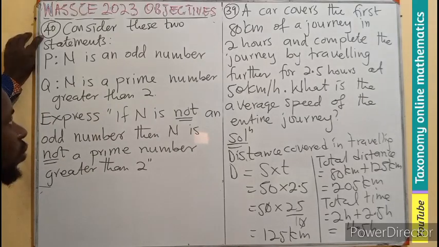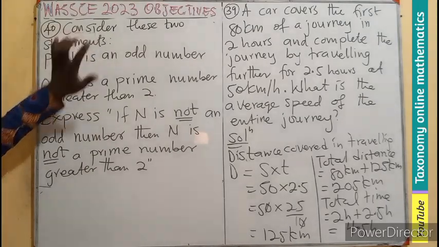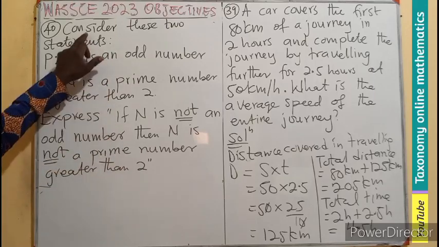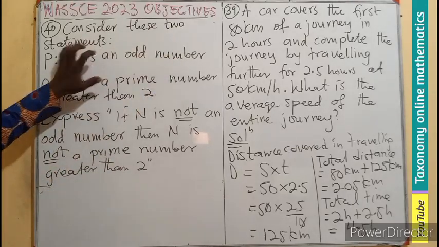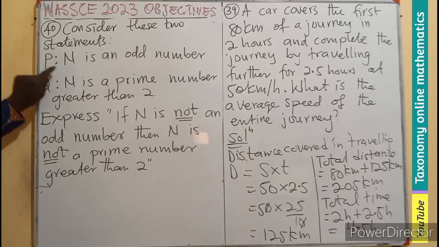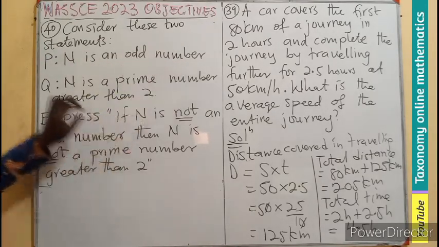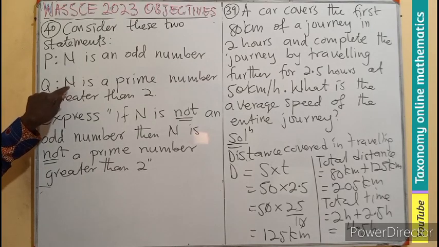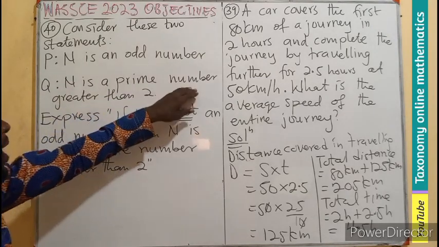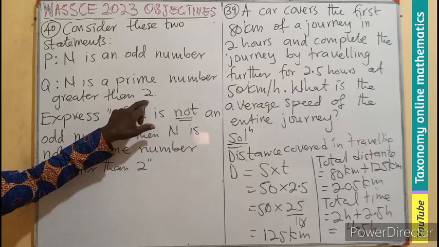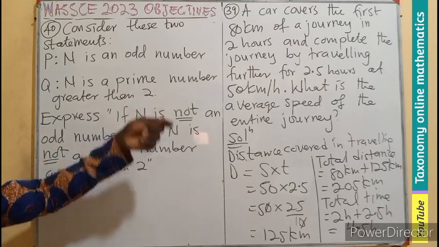Question 40, the last one in this episode. We are having logical reasoning. It said, consider these two statements. The first statement, P, is that N is an odd number. This is a positive statement. Q is also saying that N is a prime number greater than 2, which is also a positive statement.